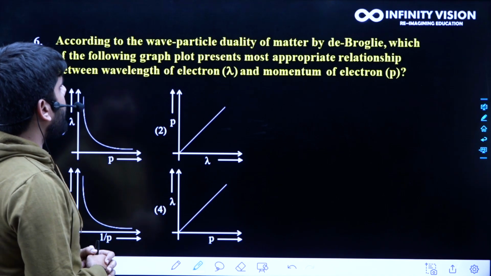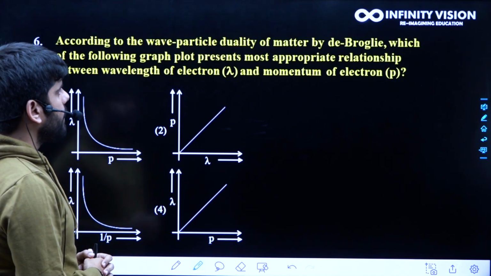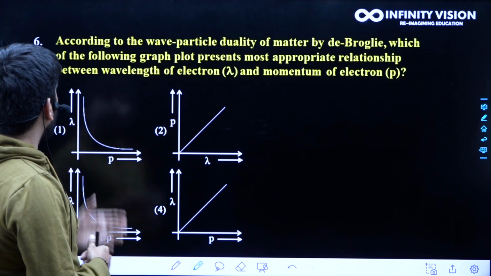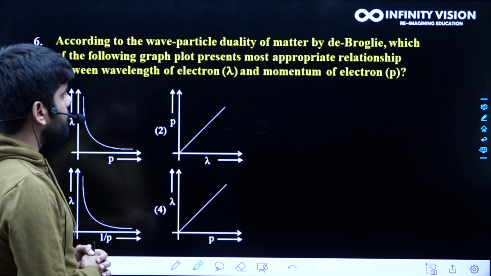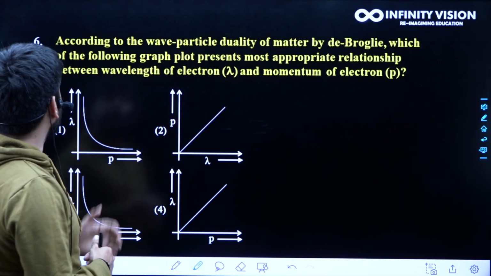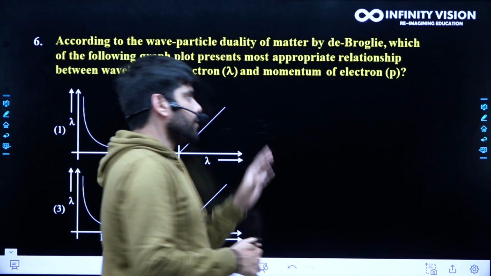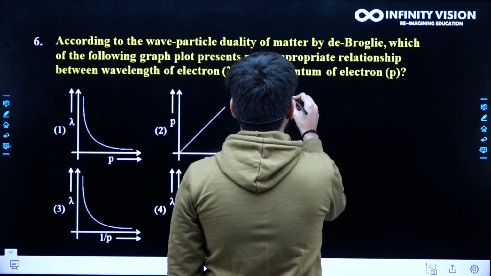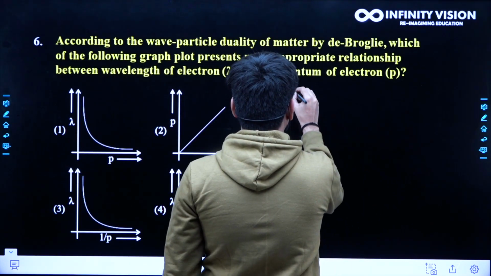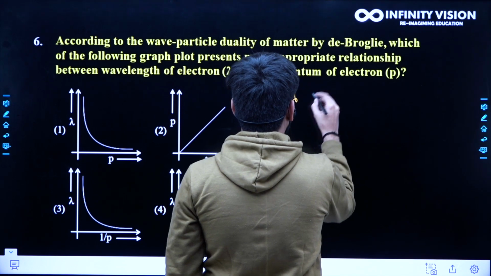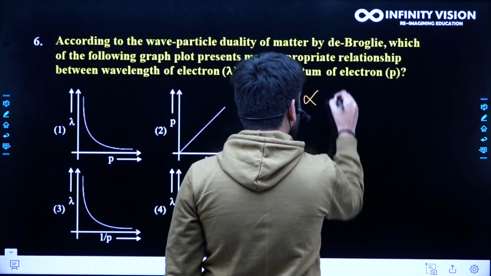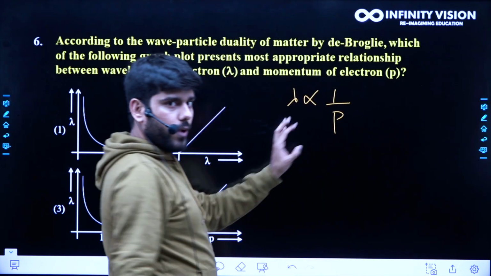According to the wave-particle duality of matter by de Broglie, which of the following graph plots presents the most appropriate relationship between wavelength of electron and momentum of electron? So we know, according to de Broglie, wave-particle duality principle, lambda is inversely proportional to the momentum, right?